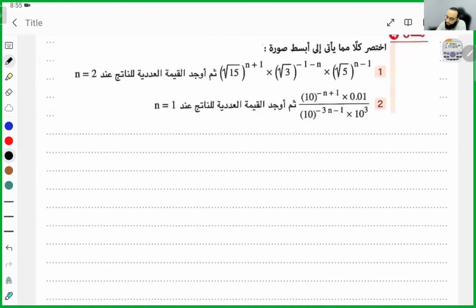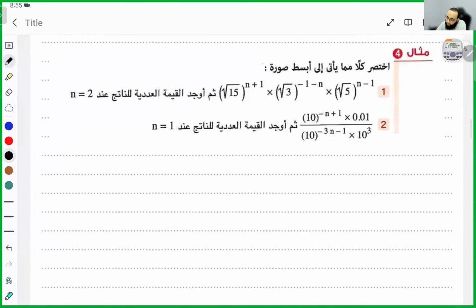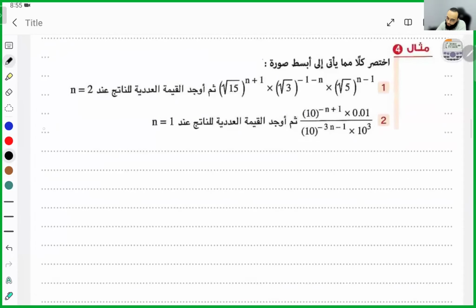Sarah, answer the question with me. Simplify the following into the simplest form, and get the value at n equals 2.